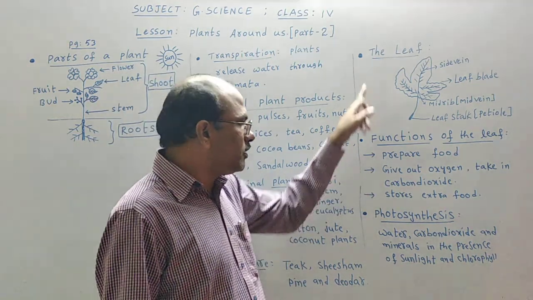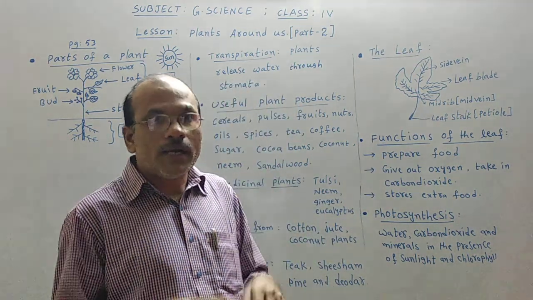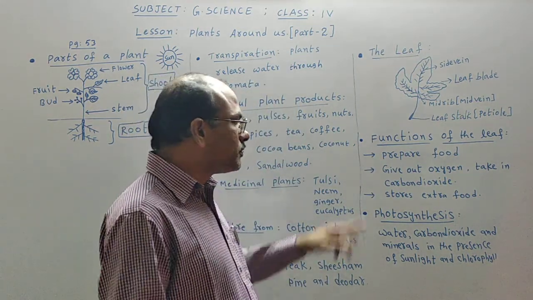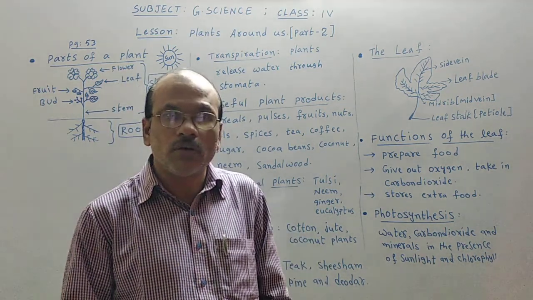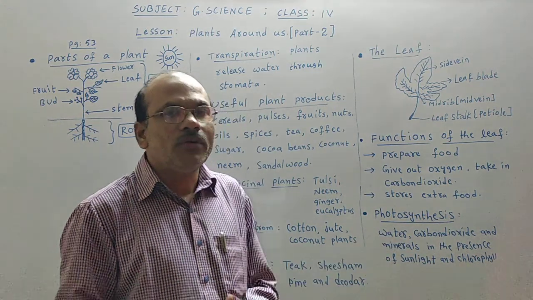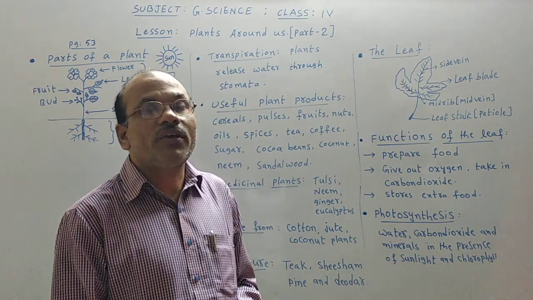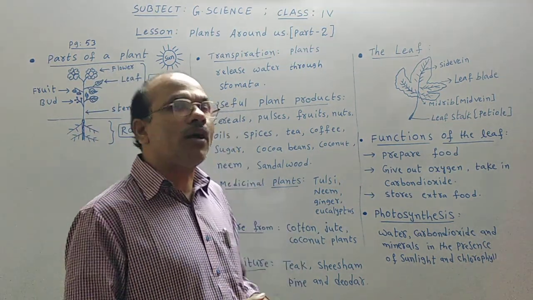Now the leaf gives out oxygen gas, and it also takes in carbon dioxide gas. The carbon dioxide gas we are releasing now will be taken in by the leaf, and it gives out fresh air. We need that air, called oxygen.